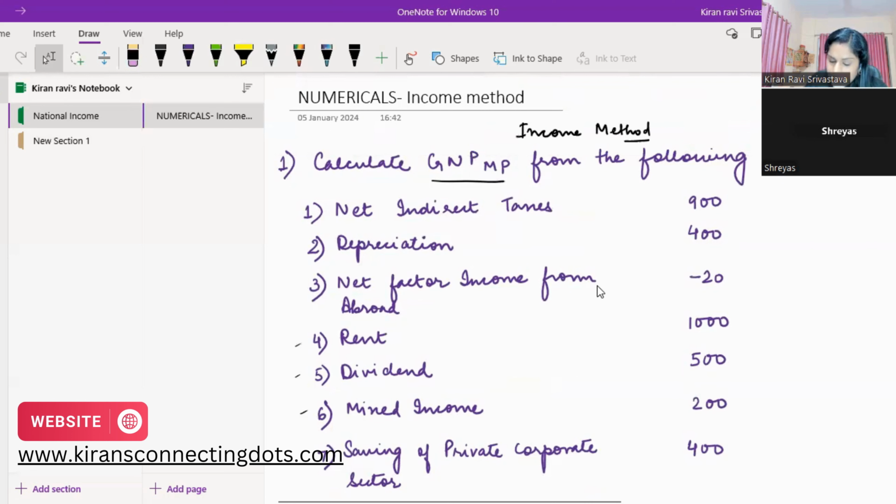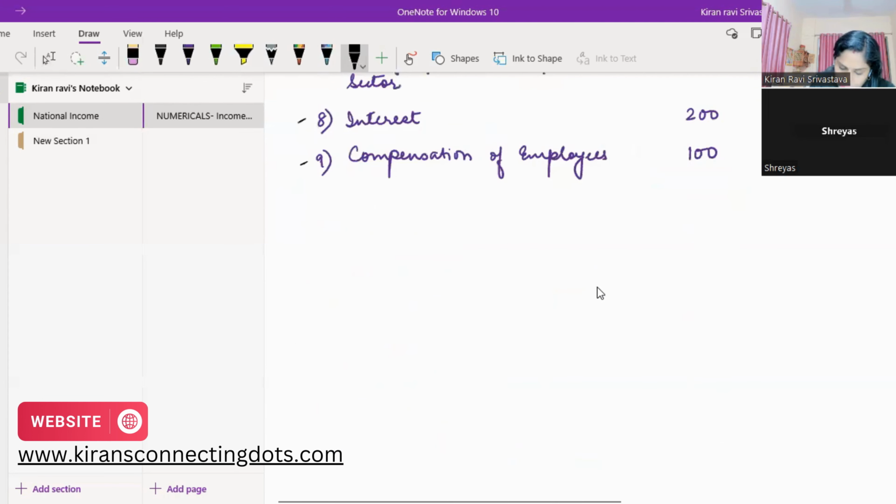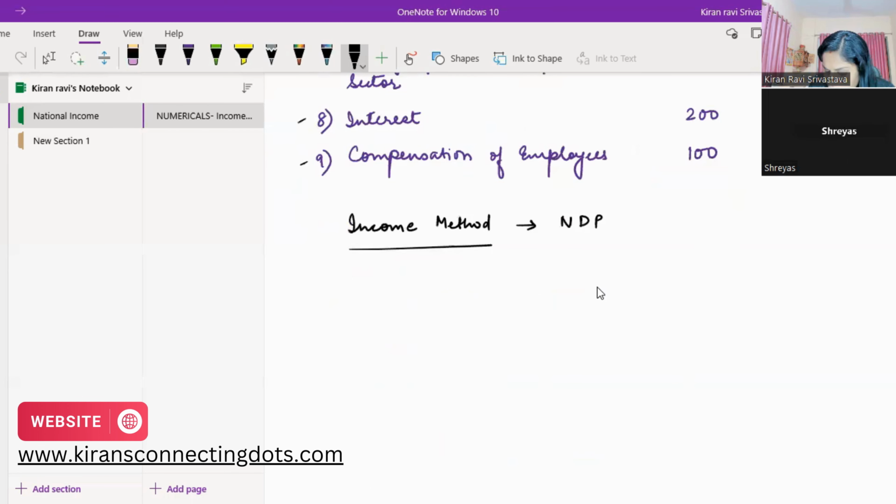Now they are asking you to find out GNP. Okay. So now by using income method of calculating, what can we find out? NDPFC. अभी हमने जस्ट डिस्कस किया था, प्राइम इज ऑल डोमेस्टिक इनकम. NDPFC क्या है?